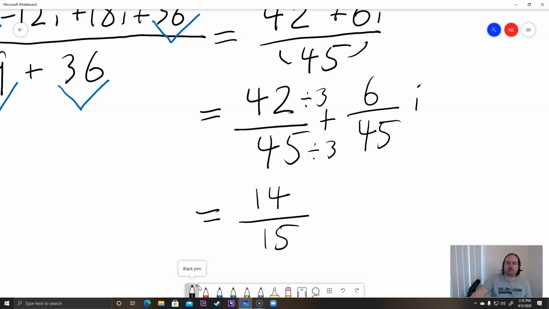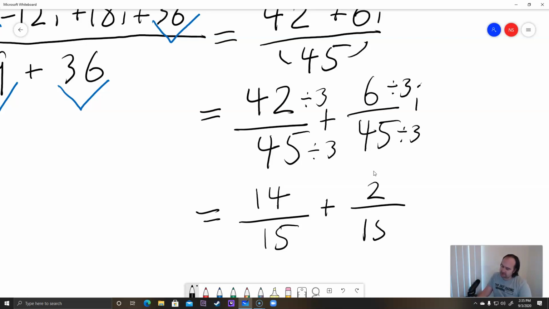For the second fraction, we can also divide the top and the bottom by 3. 6 divided by 3 is 2, and 45 divided by 3 is 15.